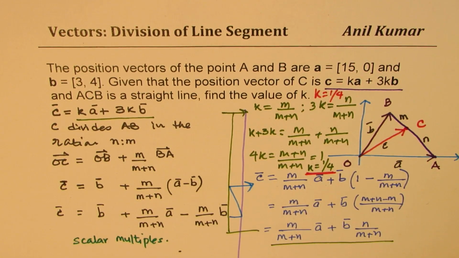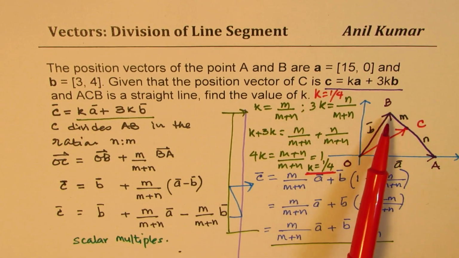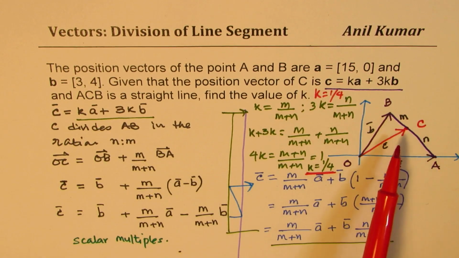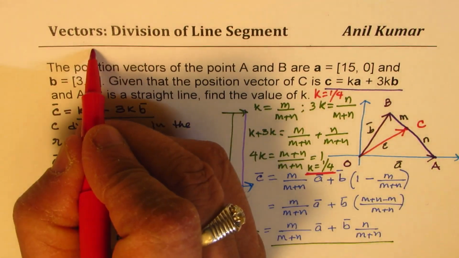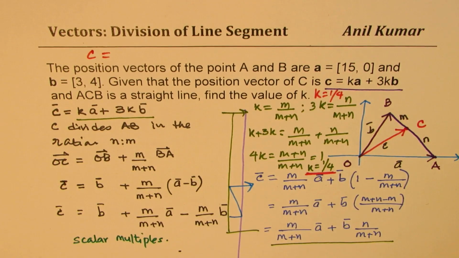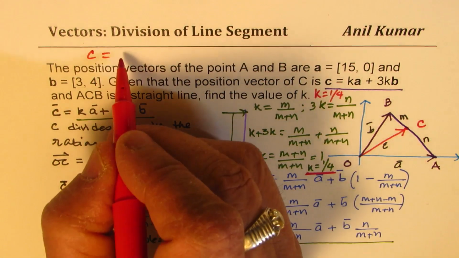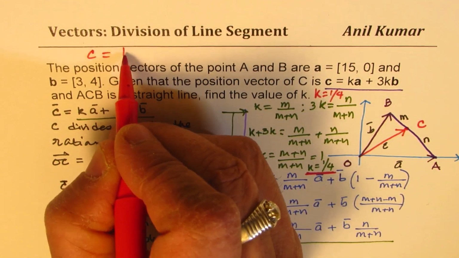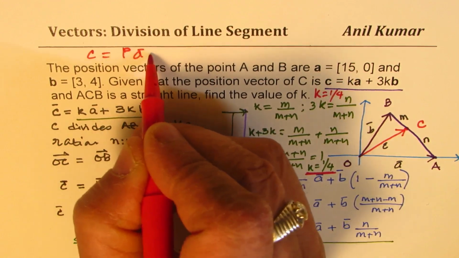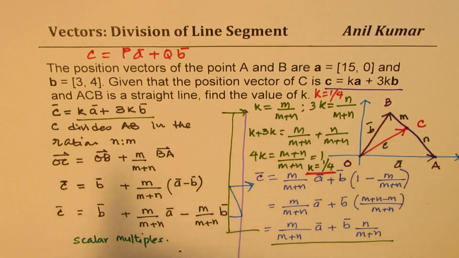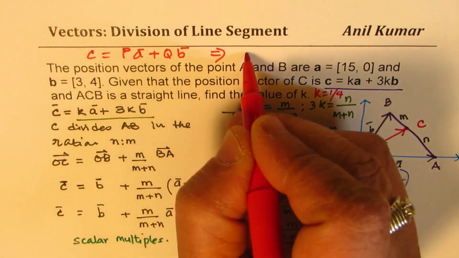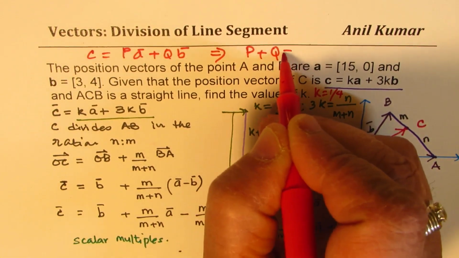Now, another concept to this is that whenever we have a situation like this, in general, if I am given C equals some coefficient p times vector A plus q times vector B, then it implies that p plus q should be equal to 1.